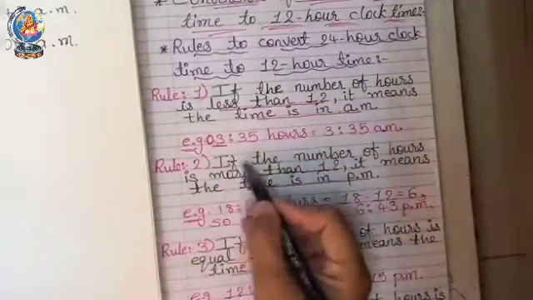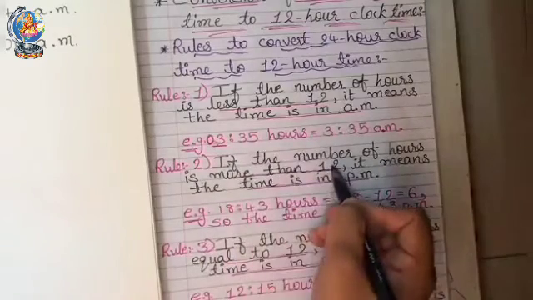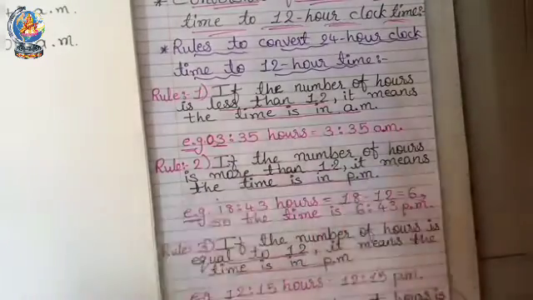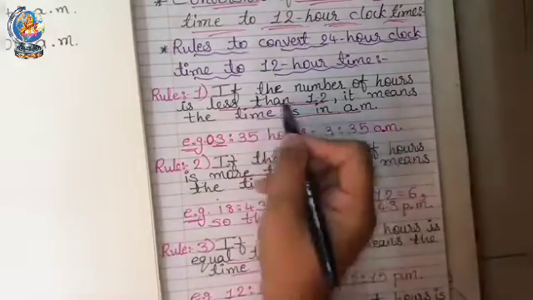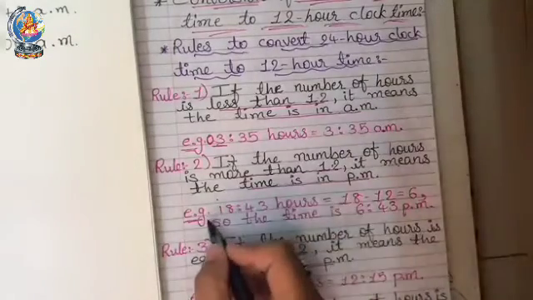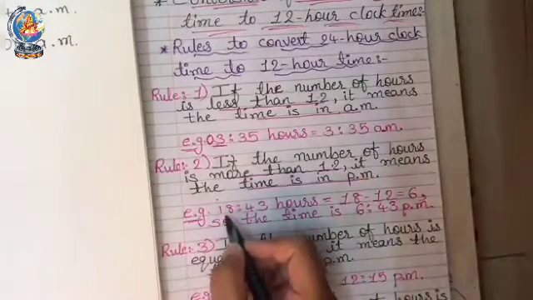If the number of hours is more than 12, it means the time is in PM. So what we learned first: if it is less than 12, then AM. If it is more, then PM. Look, I have written one example for you: 1843 hours.